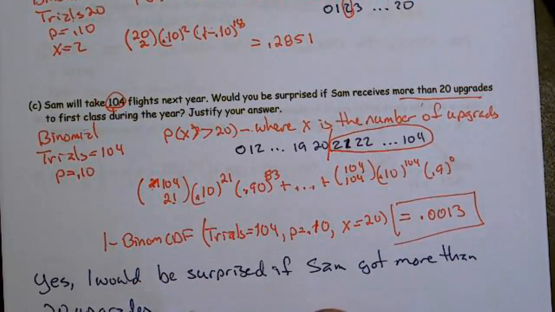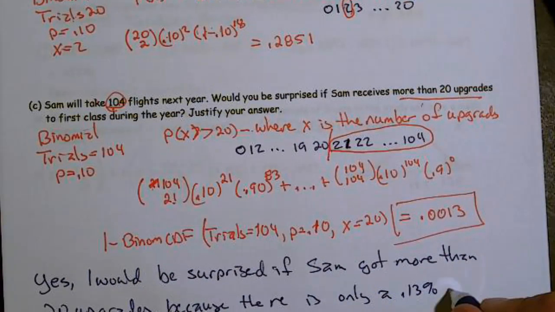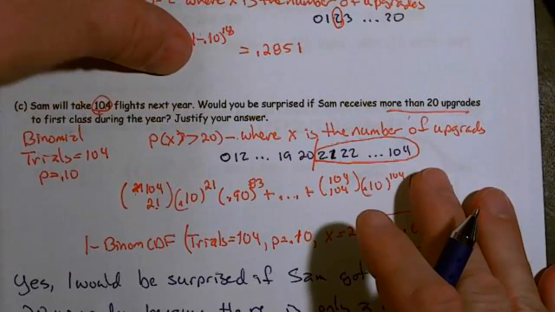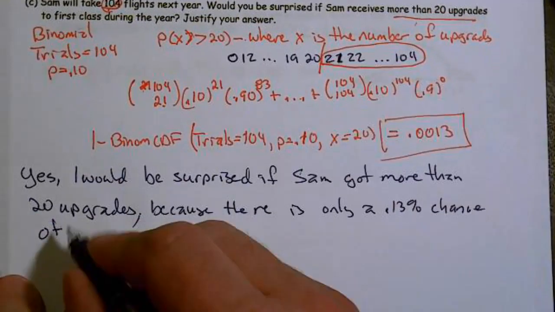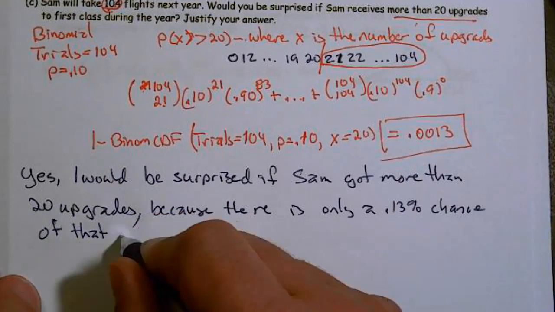Why? Because there is only a 0.13% chance of that occurring, right? Because there's only a 0.13% chance of that occurring.